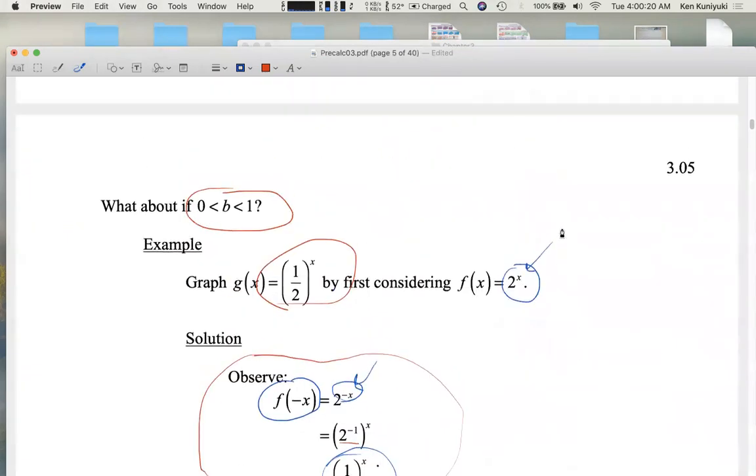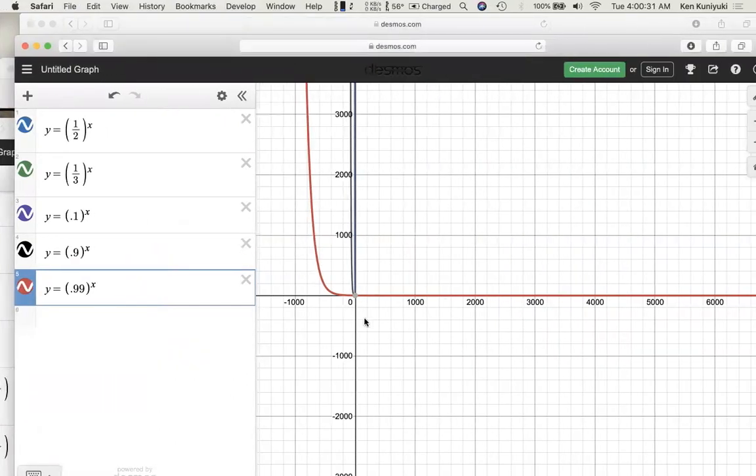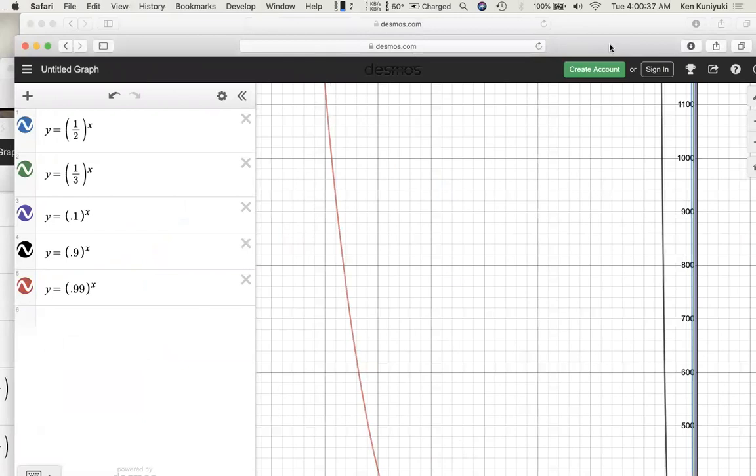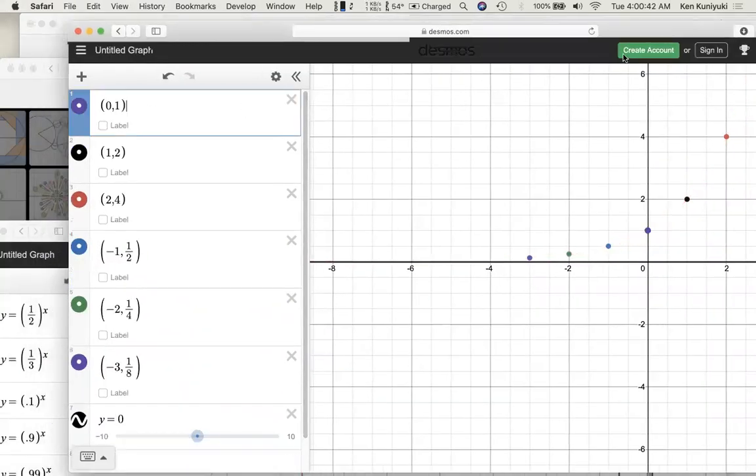And yet, when you look back at the features that we saw for the previous case, where b was greater than 1, still, domain is all reals. Range is only the positive reals. I'm going to zoom in. I'll get a new screen.